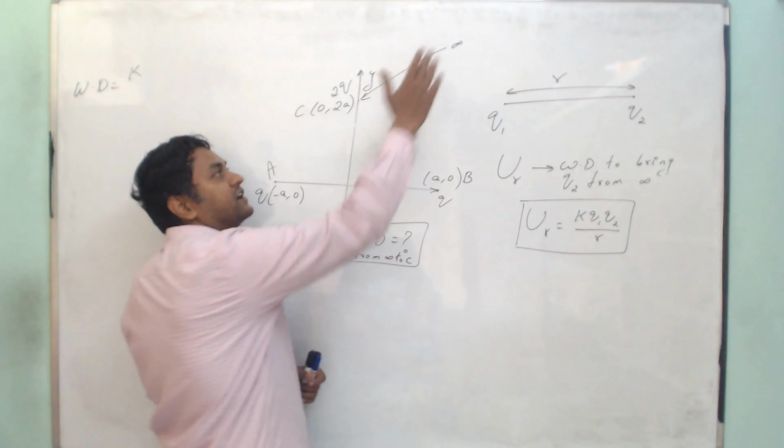So that is basically K times 2Q into Q divided by, what will this distance be? A root 5. This is A, this is 2A, therefore it is A root 5. This is one half of the story due to this charge.